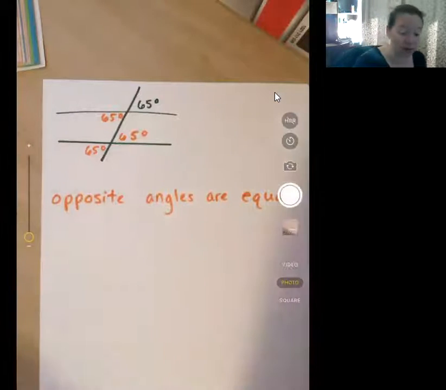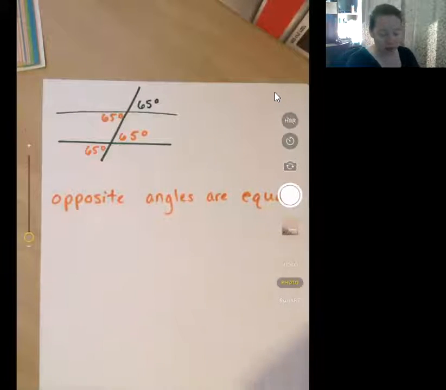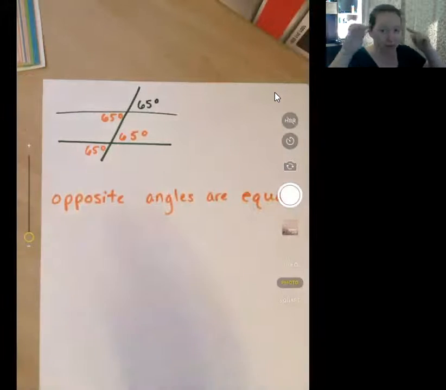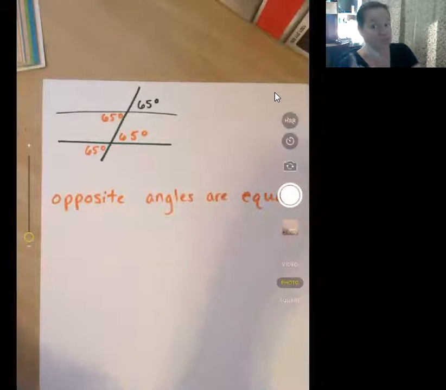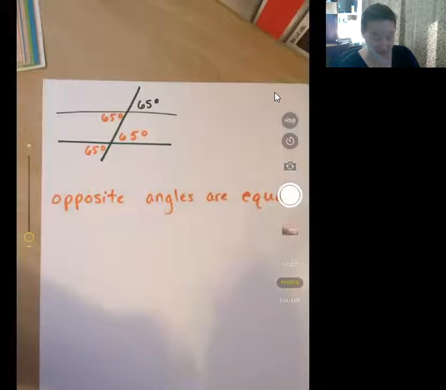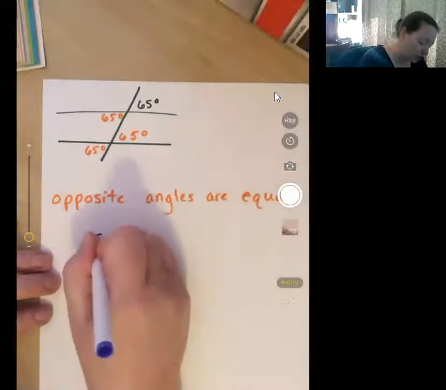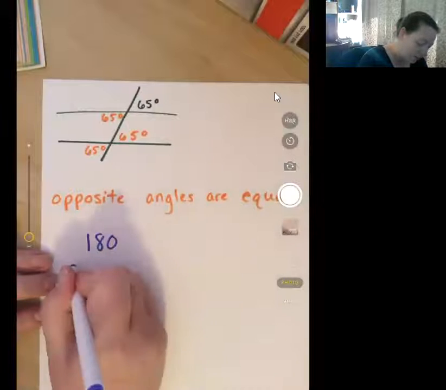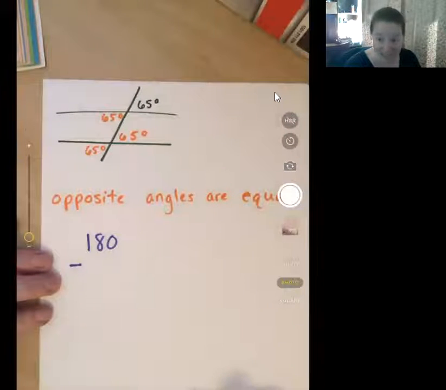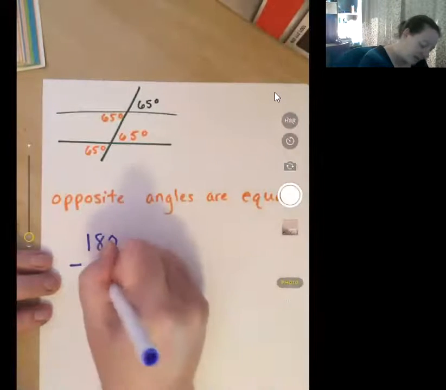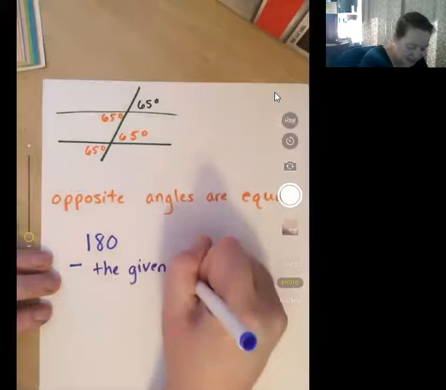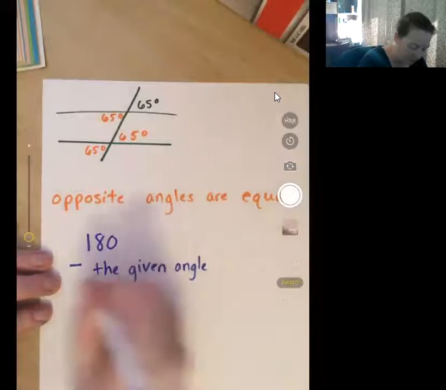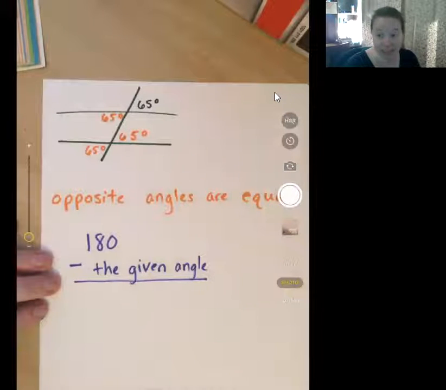I want to find out what the other missing angle is, though, and so I remember a straight line is how many degrees? We just wrote it down. 180 degrees. So I do 180 minus the given angle.